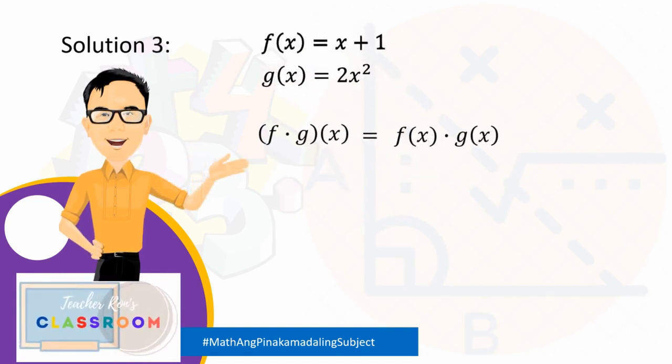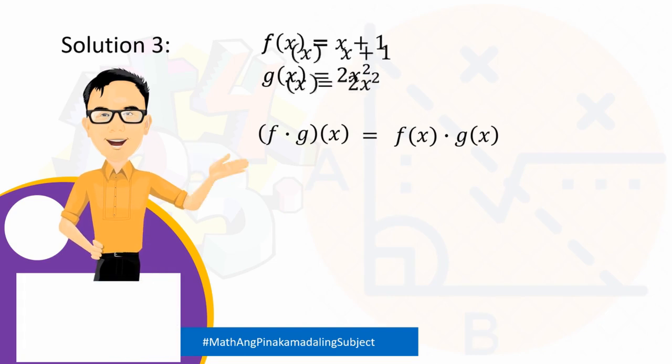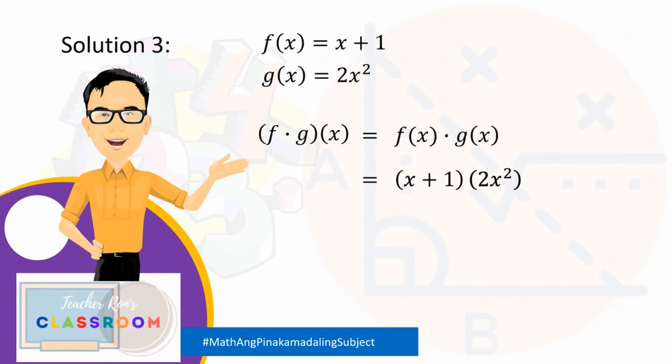Solution number 3. Still our given is f of x equals x plus 1 and g of x equals 2x squared. Find f times g of x. F times g of x equals f of x times g of x. Again, we replace f of x with x plus 1 and g of x with 2x squared.